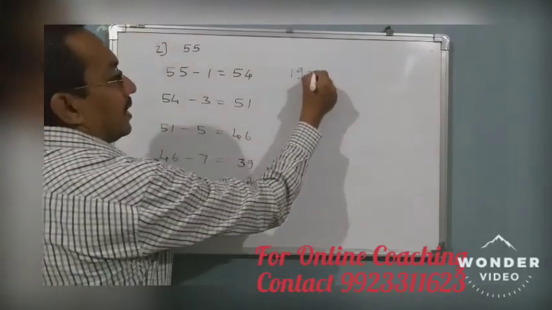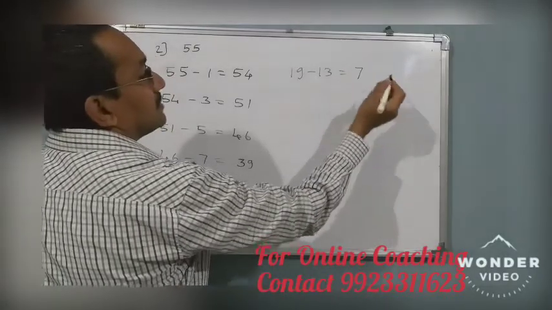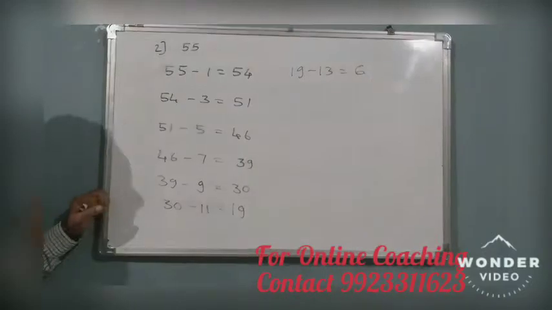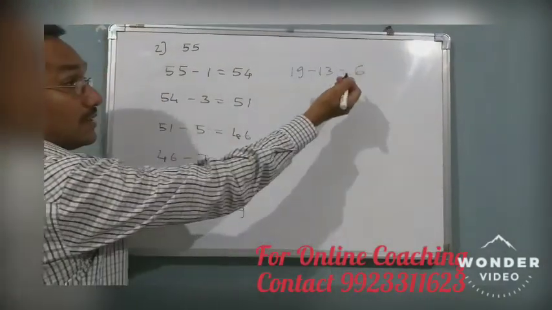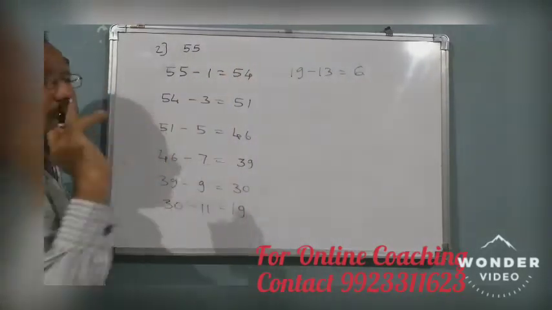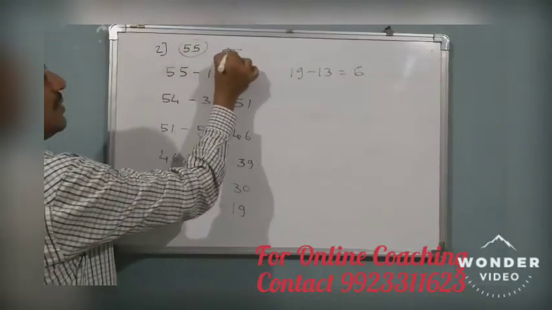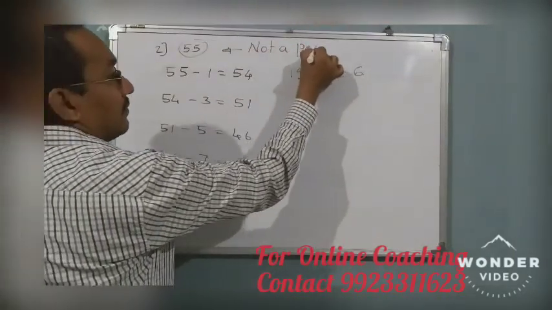And 19 minus 13 is 6. Now further we can't go, it will become negative. So this 55 is not a perfect square.